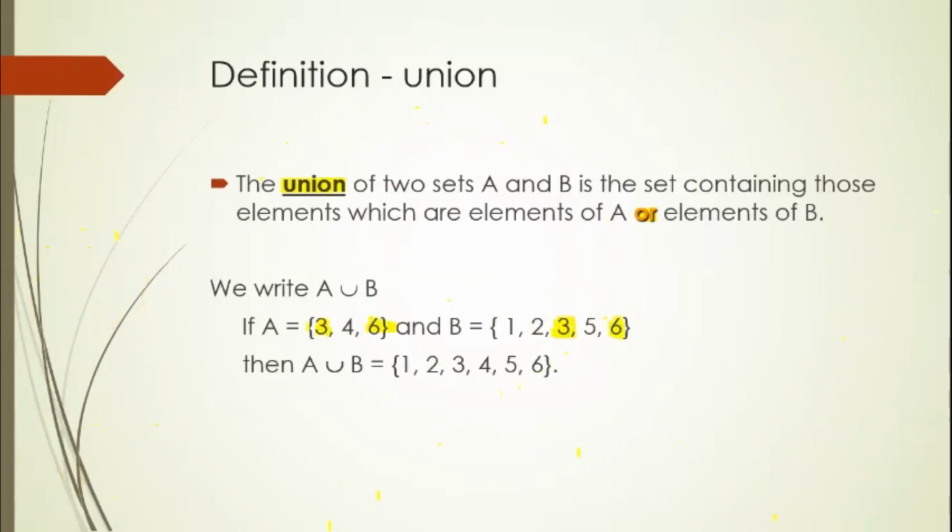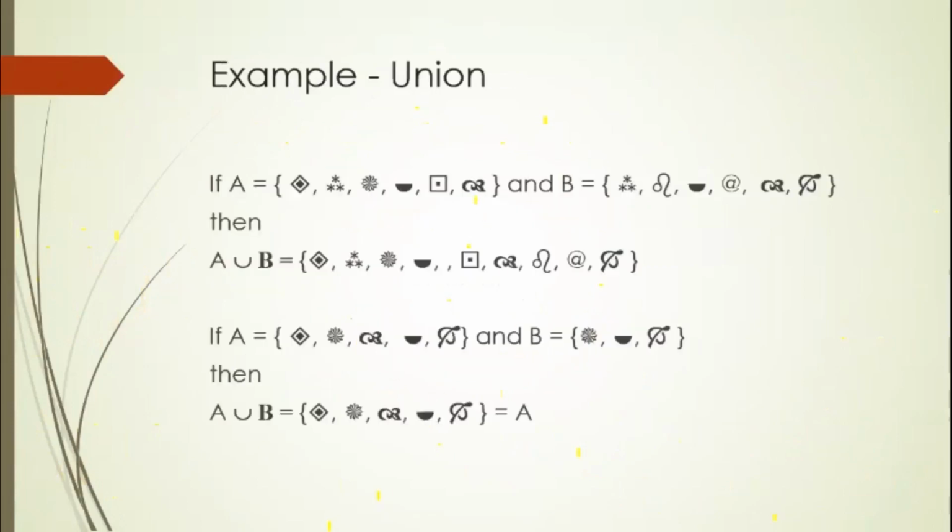But again, each should be written only once in our answer. So you combine 1, 2, 3, then you have your 4, 5, and 6. So you just combine them.